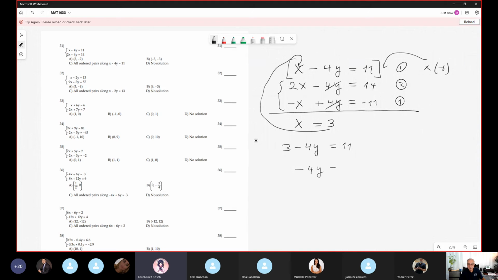Minus 4y is equal to 11 minus 3, because 3 is positive, when I move it to the other side it becomes negative. So negative 4y is equal to 8. Divided by negative 4 is negative 2. This is the y value. So the solution is (3, negative 2). Do you see it's easy, elimination, guys?